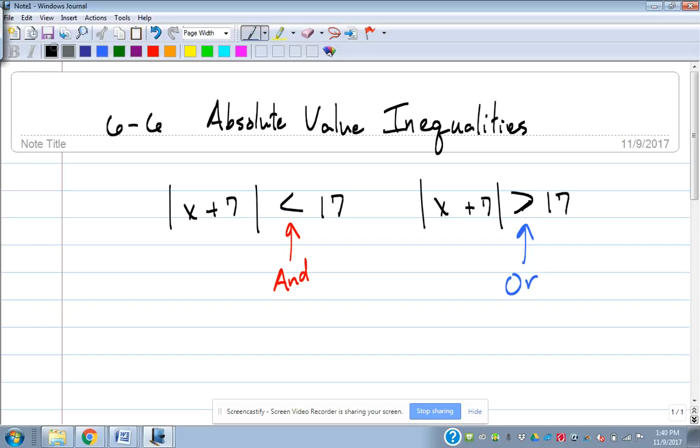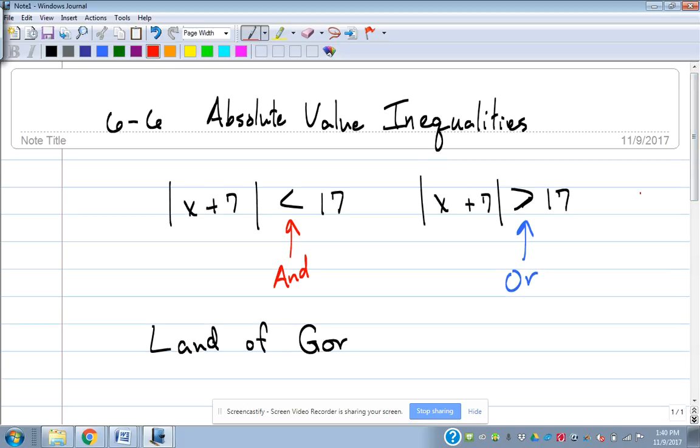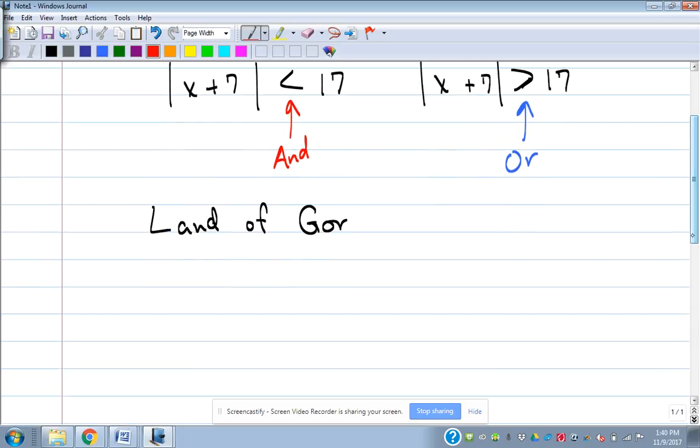The saying that I've held on to for the last several years is land of Gore. In the land of Gore, less thans are ands and greater thans are ors. That's the way I've remembered it. L for land, L for less than.